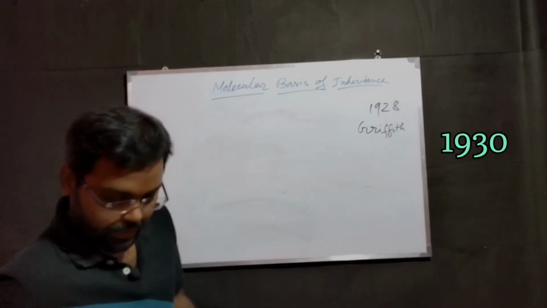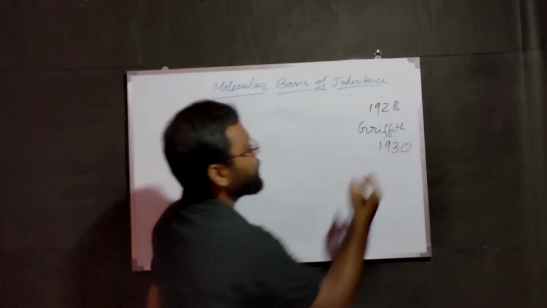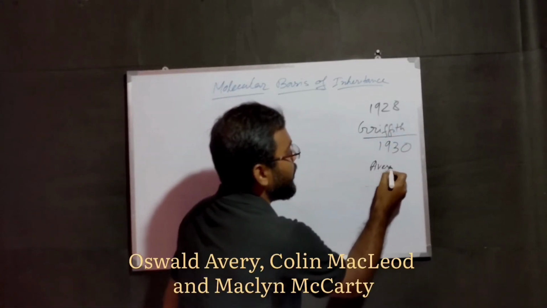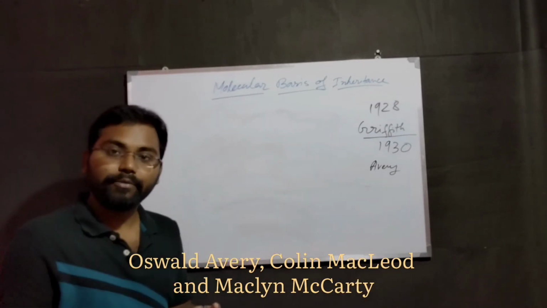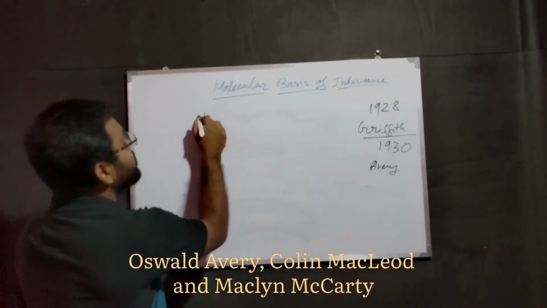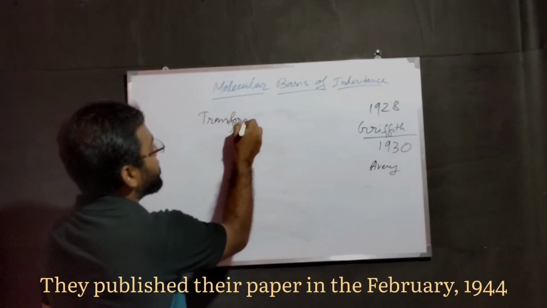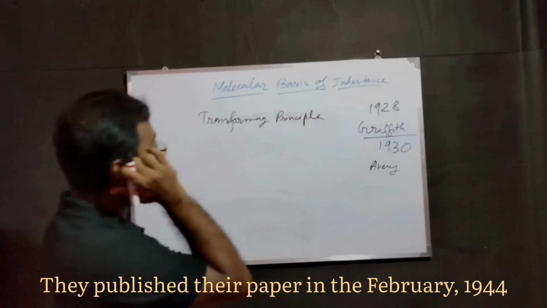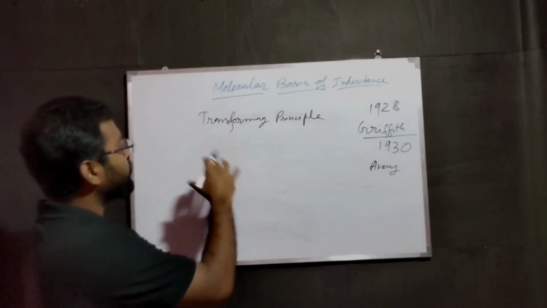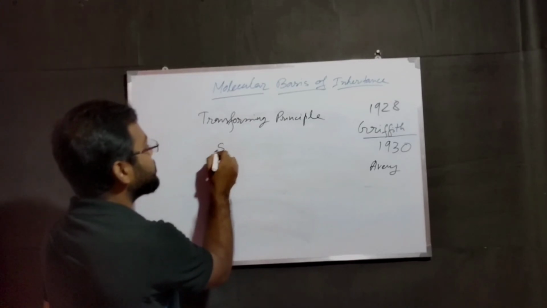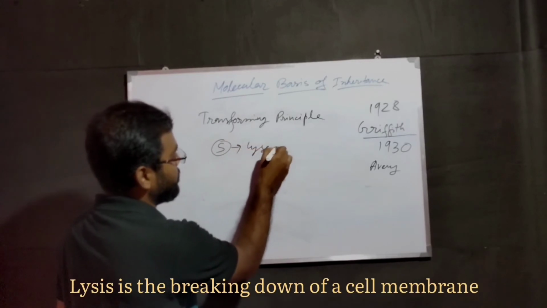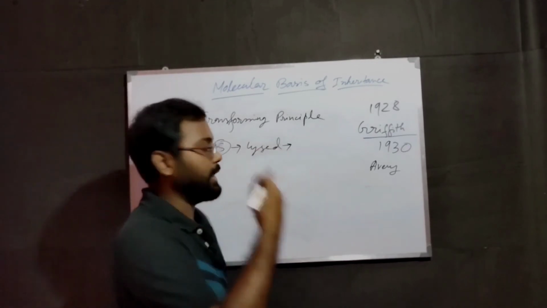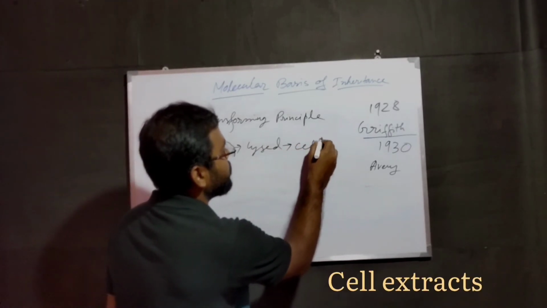In 1930s, another group of scientists, Avery and his colleagues, tried to identify the transforming principle. They took some S strain and lysed it and collected the cellular components, which is called the cell extract.